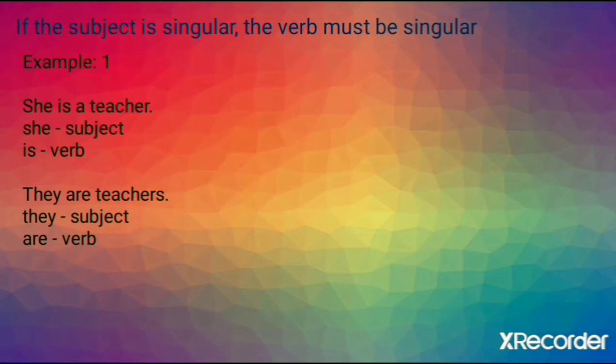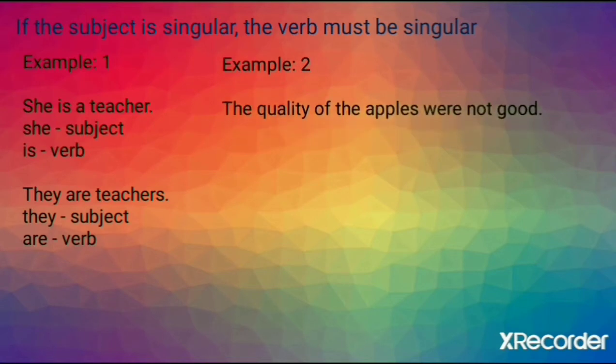One more example. The quality of the apples were not good. This is a sentence. In this, the subject is the quality of the apples. We are not speaking about the apples, we are speaking about the quality. And the verb is were in this sentence.